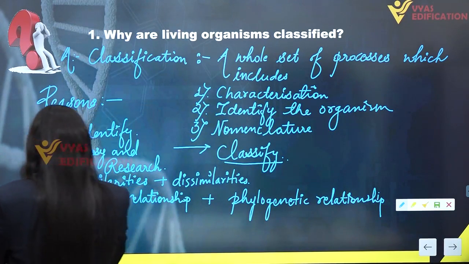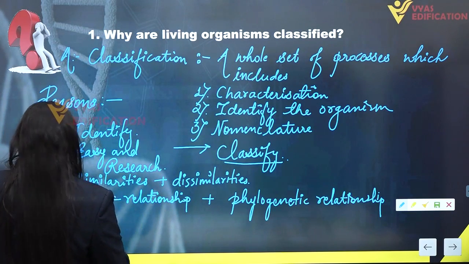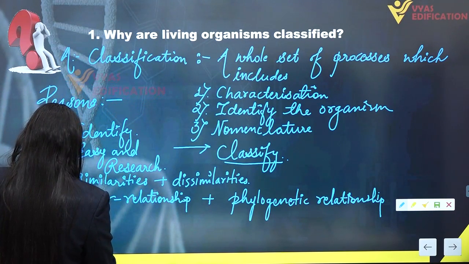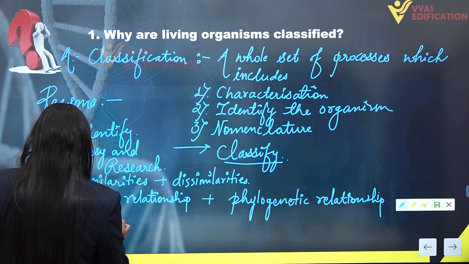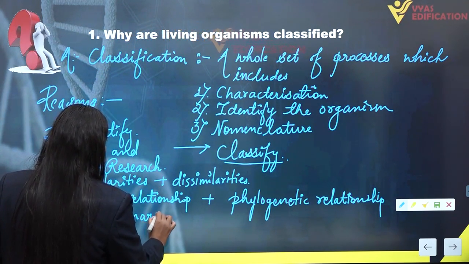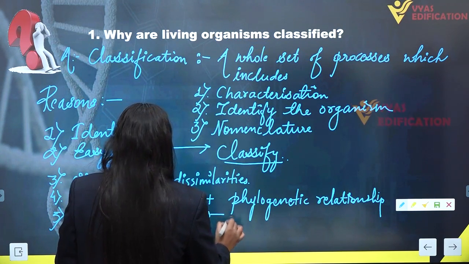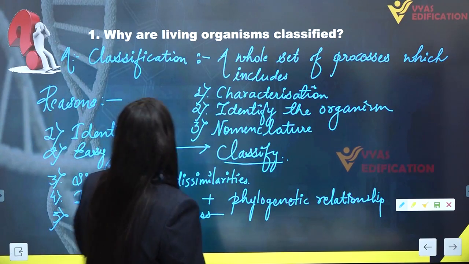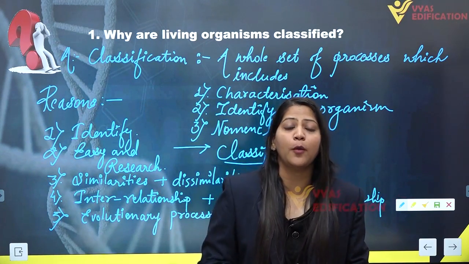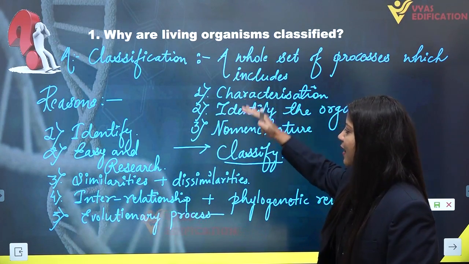So the fifth point is, classification helps us to know the evolutionary processes, that is how any complex organism has evolved from a simple organism. So all these are the reasons why we classify.